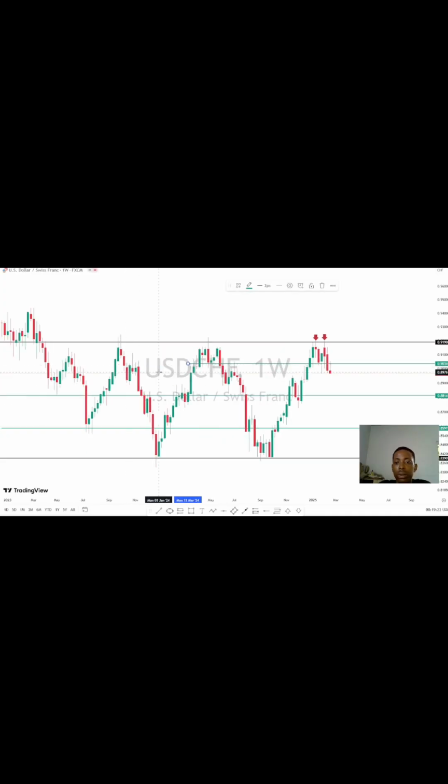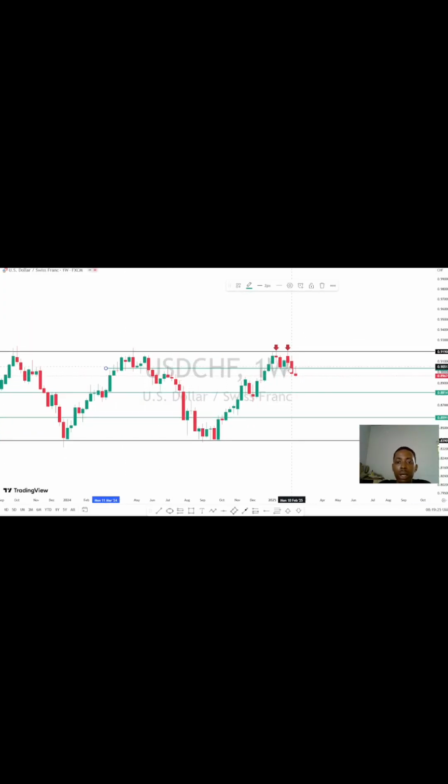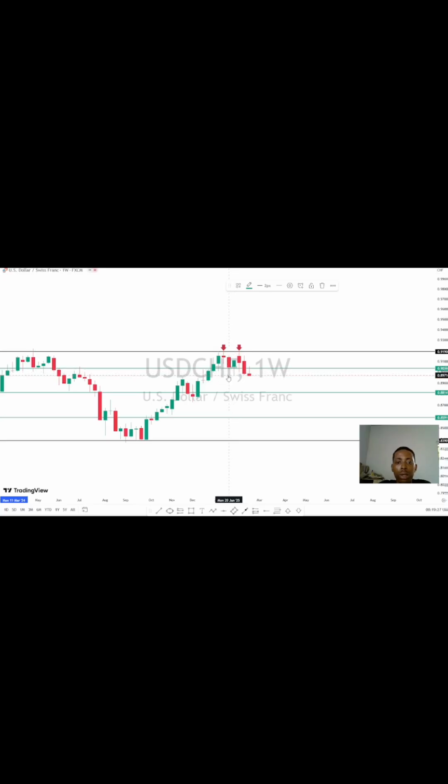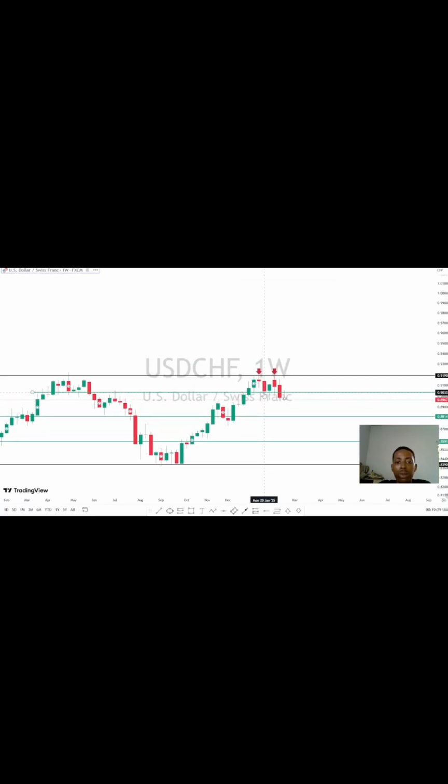So as you can see, on this weekly time frame we have broken the double top, body candle close, and retest.